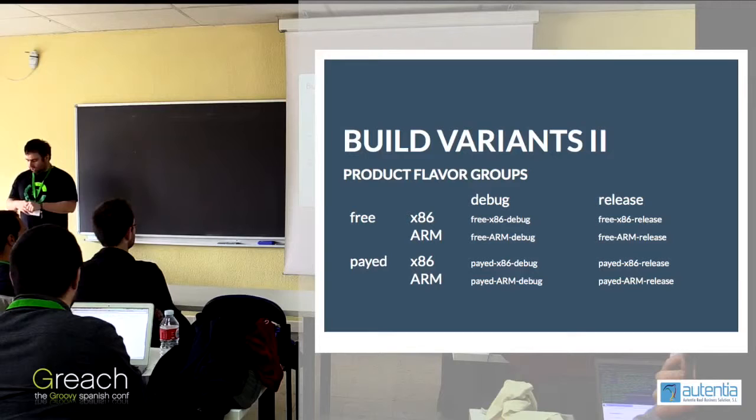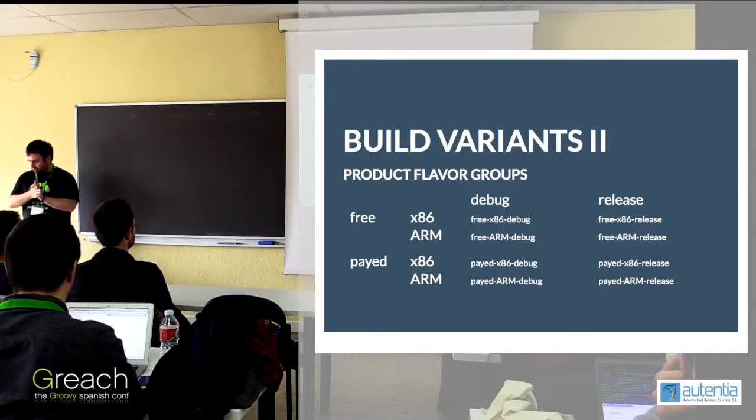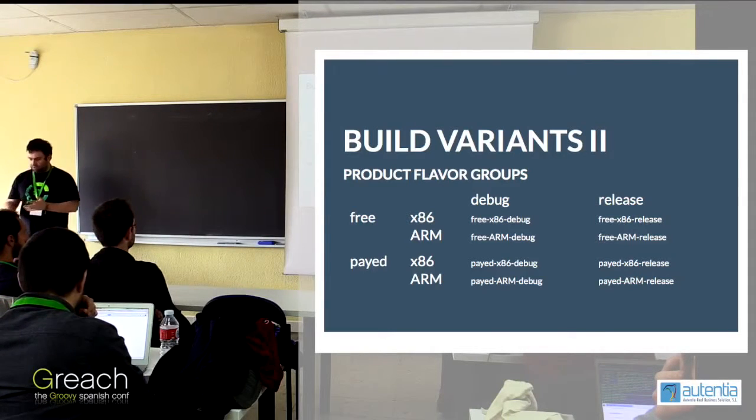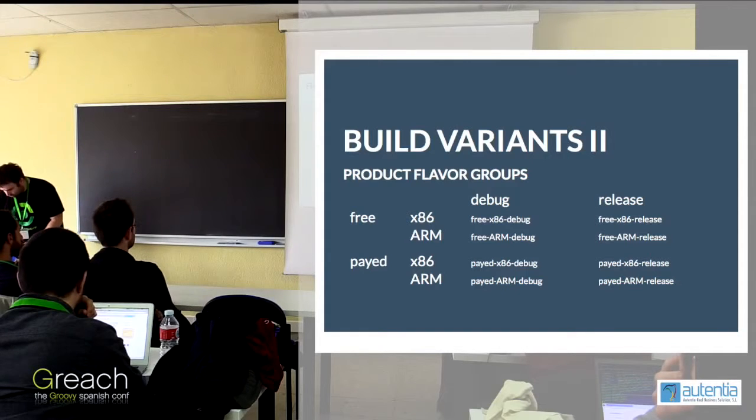So we have free x86 debug, and at the end you have a paid ARM release. That ends up, if you build all that stuff with Gradle on your command line, with 8 different APKs, even more.